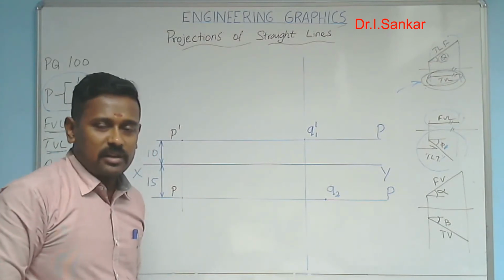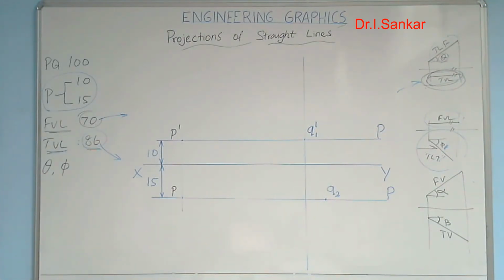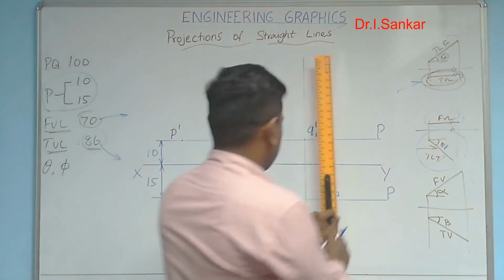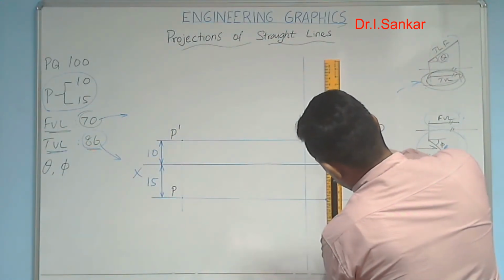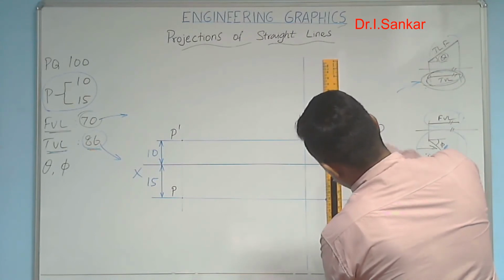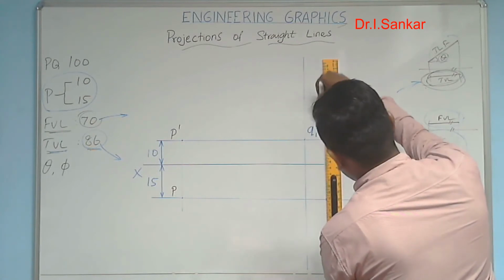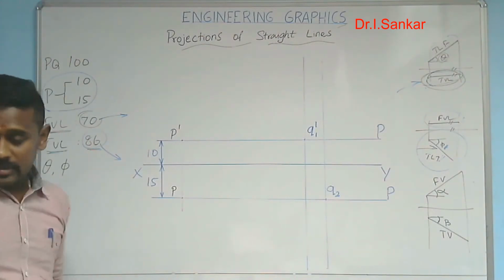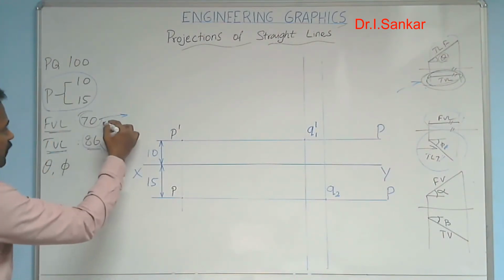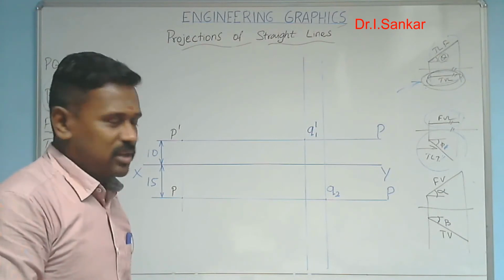And immediately we can draw the projector for that point Q2. So I used the front view length data and the top view length data. So except for the true length, I used all the data given in the question in the answer area.